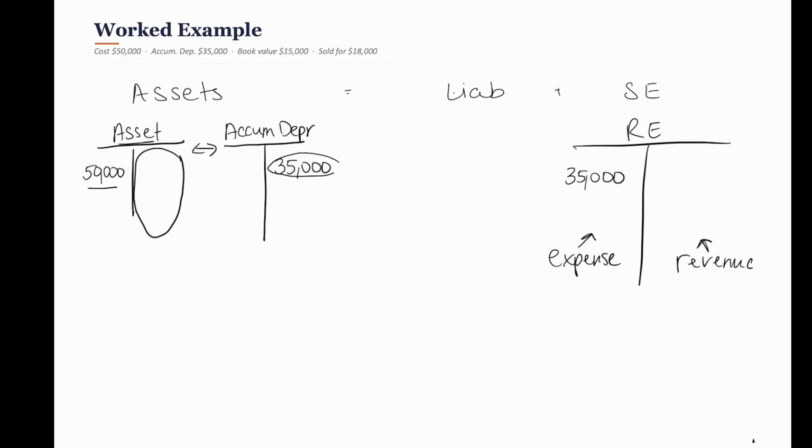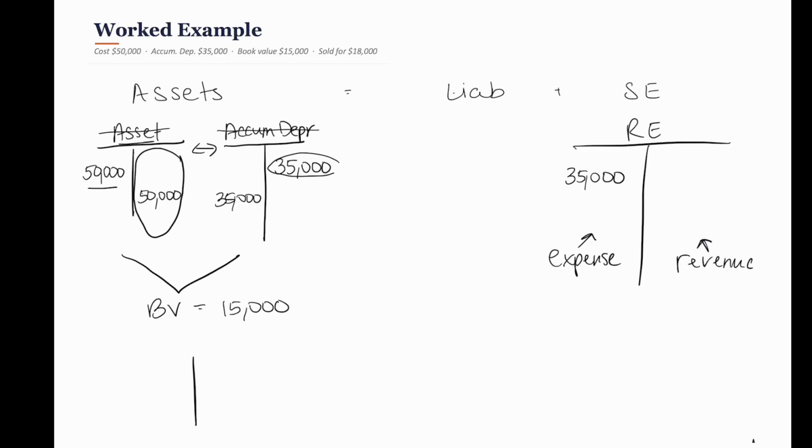So when this asset is sold, all we need to do is wipe out the asset account and wipe out the accumulated depreciation account because they'll no longer exist. So that requires a credit of $50,000 and a debit of $35,000. We are essentially wiping out the book value of this asset, which is $15,000, with those 2 journal entries, a debit to accumulated depreciation and a credit to the asset.